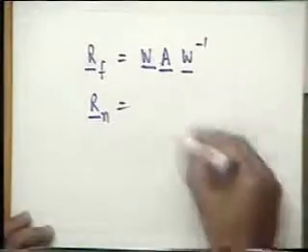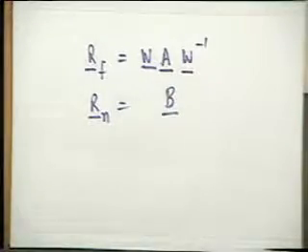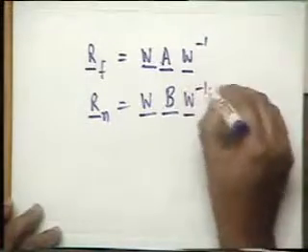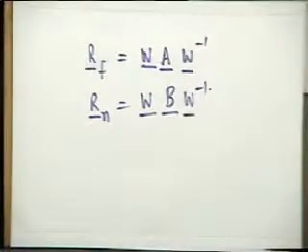This is related to B, again pre multiplied by W, post multiplied by W inverse. Alright. And now we know that RF and Rn can be diagonalized just like the way H can be diagonalized into D. And by diagonalization, what exact advantage did we get? What was the physical significance for the elements of the D matrix? Try to recollect.